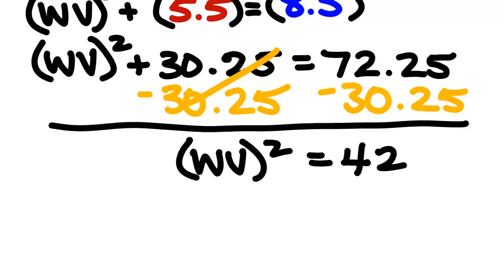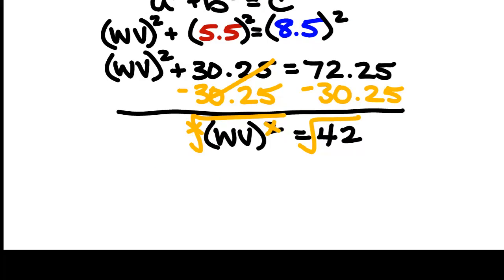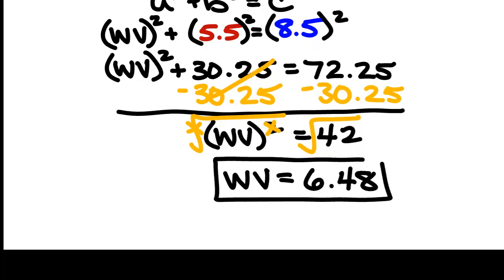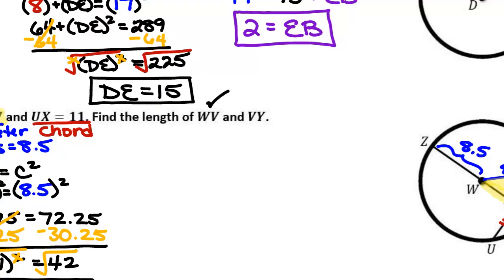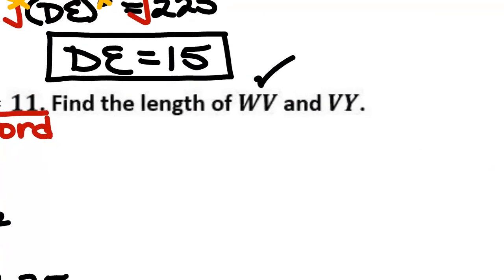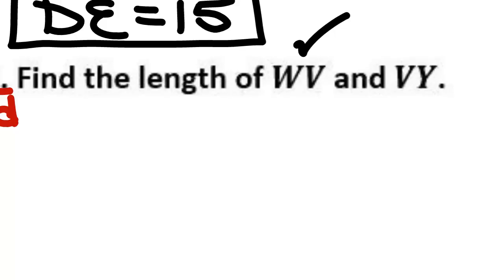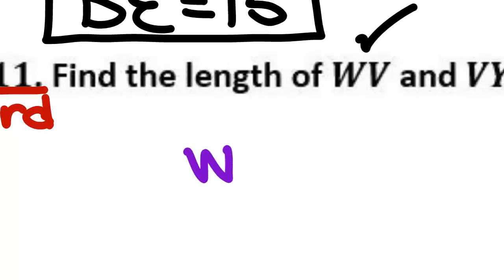Then we take a square root of both sides. Squared and square root cancel out on the left. What is the square root of 42? 6.481. I'm going to write 6.48. So there's one thing we were supposed to find. How do we find VY? Do I know how big WY is?